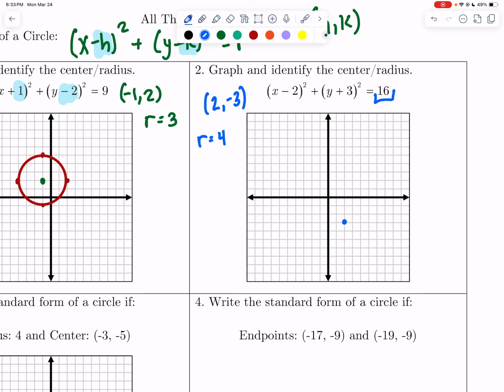And then because my radius is 4, I'm just going to go up, right, down, left, 1, 2, 3, 4. Make your circle. And then you are good.